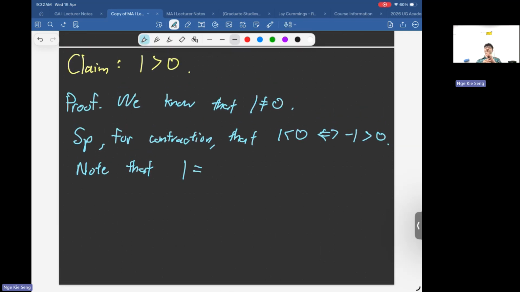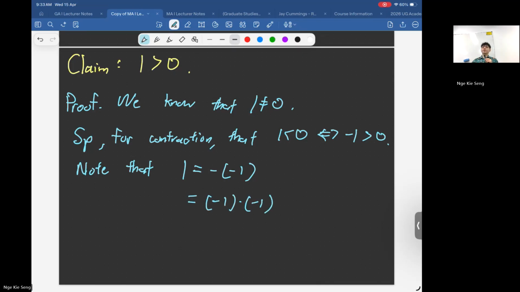Not much room to play with 1, so play with negative 1: the negative of negative 1, which I can write as minus 1 times minus 1.